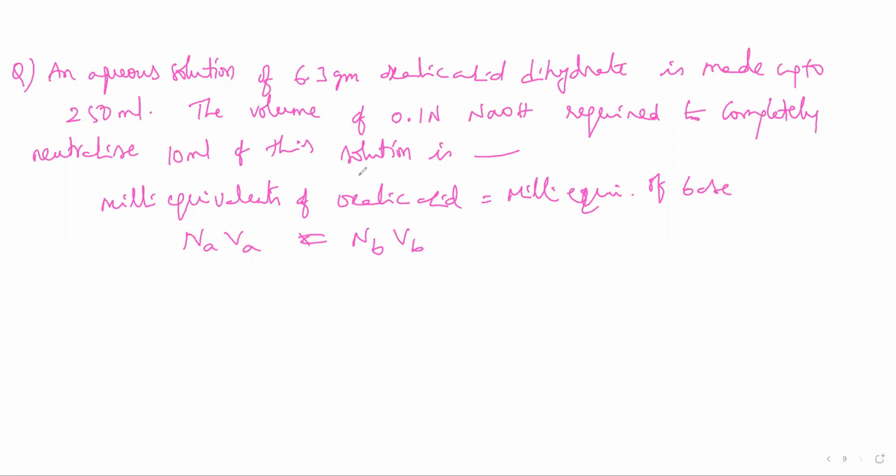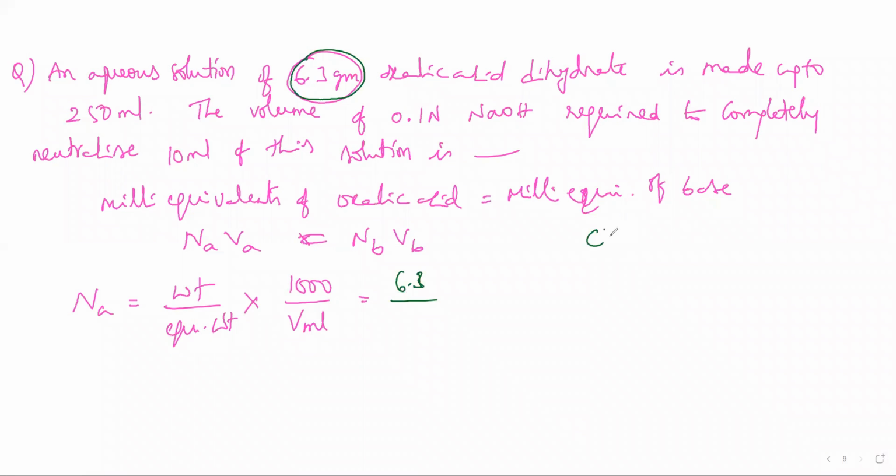Do you have normality of oxalic acid? We don't know. Then first, normality of acid is weight by equivalent weight. What is weight given there, sir? 6.3. Oxalic acid, this is actually oxalic acid dihydrate, COOH-COOH.2H2O. So that is 126 grams molar mass.